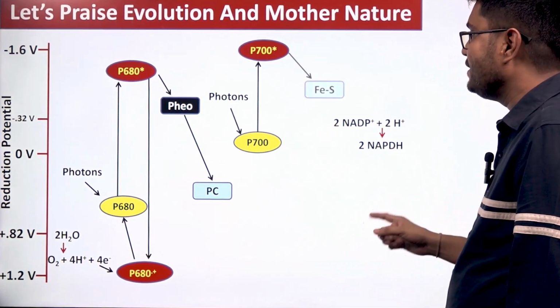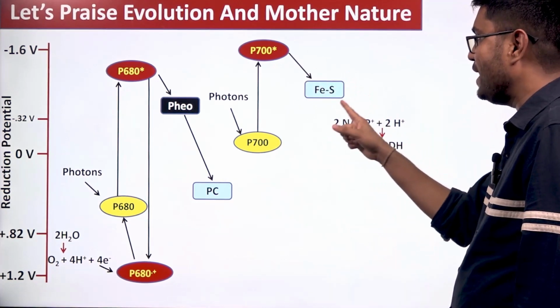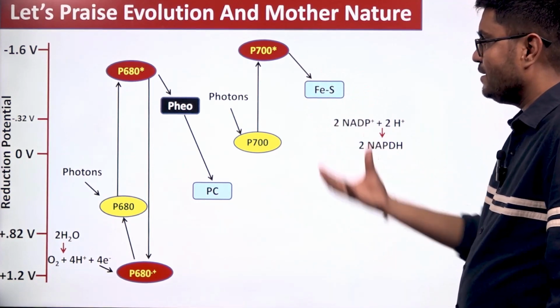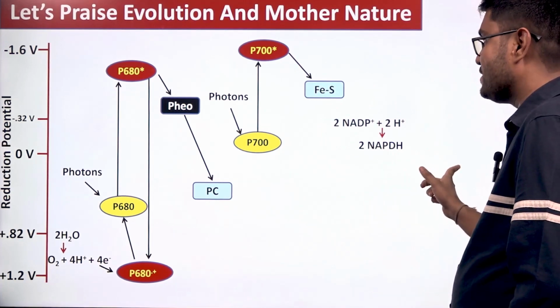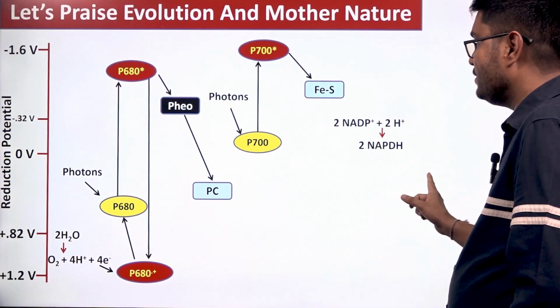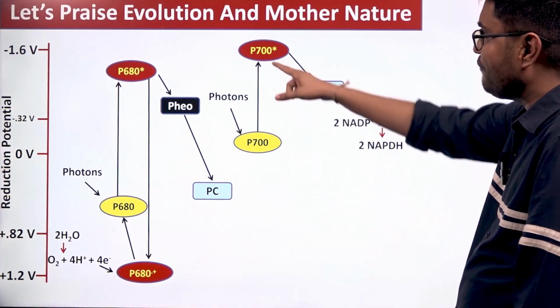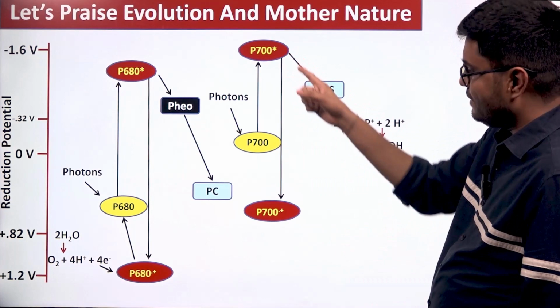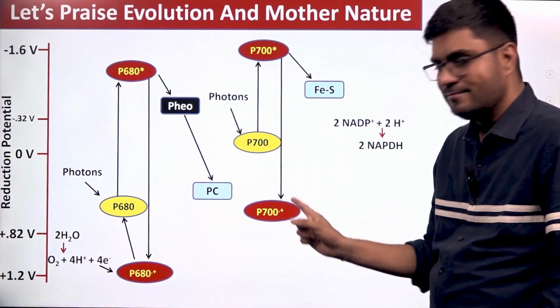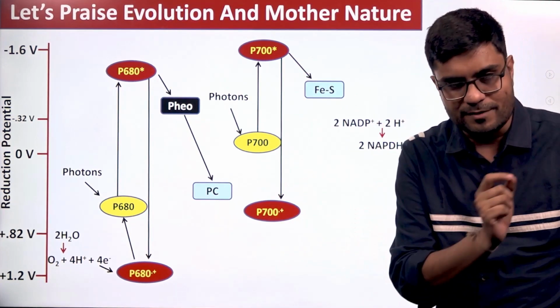After that, the electron can be given to the iron sulfur complex, a high reduction potential species, and from the iron sulfur complex it will reach NADP plus. But after losing the electron, P700 will convert into a radical ion, P700 dot positive charge.